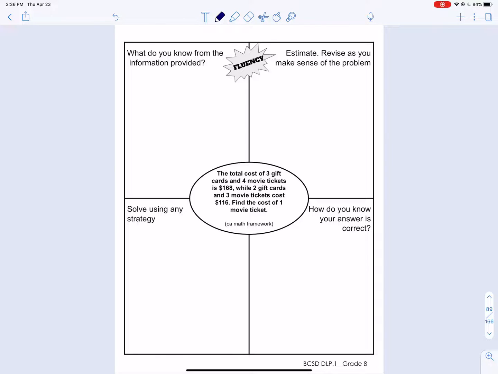The first piece of information says 3 gift cards, so I'm just going to draw 3 of those, and 4 movie tickets, and that's $168.